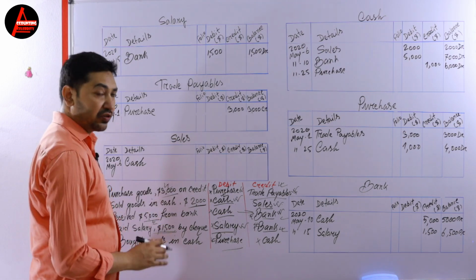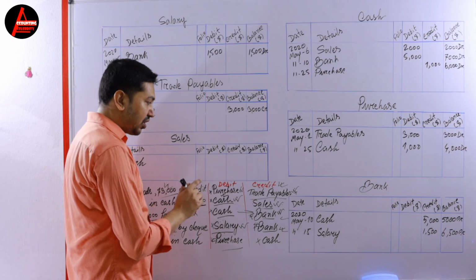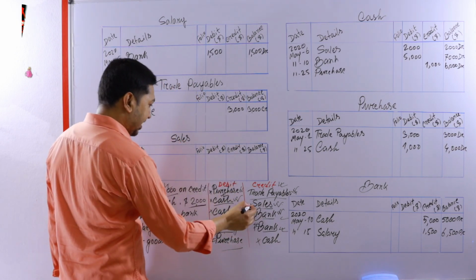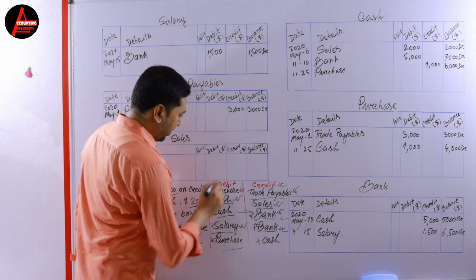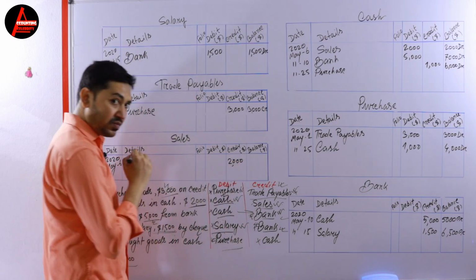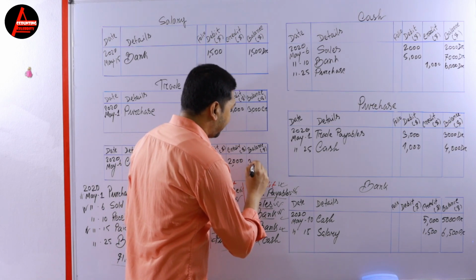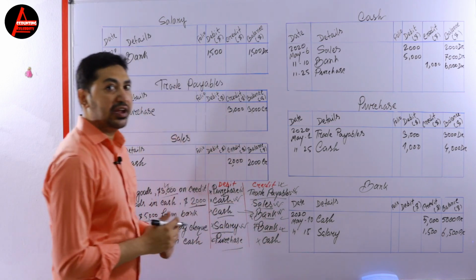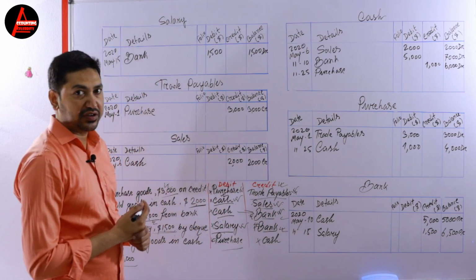Which column do you need to write in, debit or credit? Yes, it is the credit column. Why? Because sales is here credit. Now take this value and write it in the balance column, $2,000. It is a credit balance because you got this balance from the credit column.